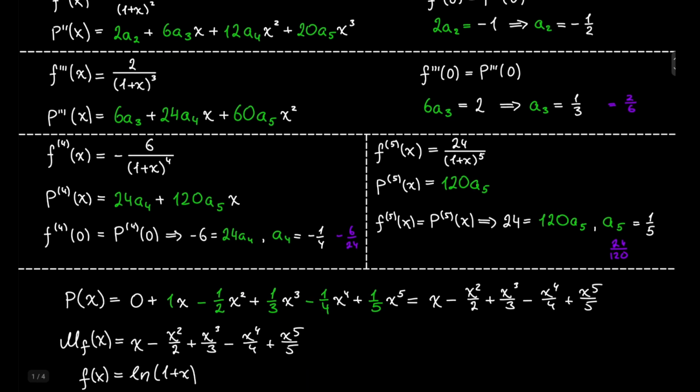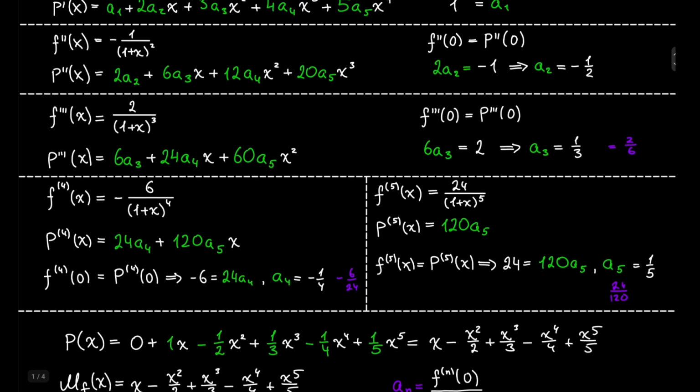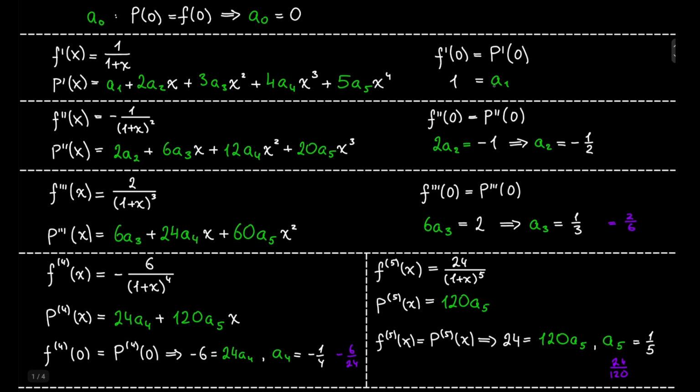Because using this, we can write a general formula for the coefficient of an. What we do every single time is we use the nth derivative of the function evaluated at x equals 0, and then we divide it not just by n, but by n factorial. Please note the pattern here. a1 was just 1, then it became 2, and then it jumped all the way to 6.